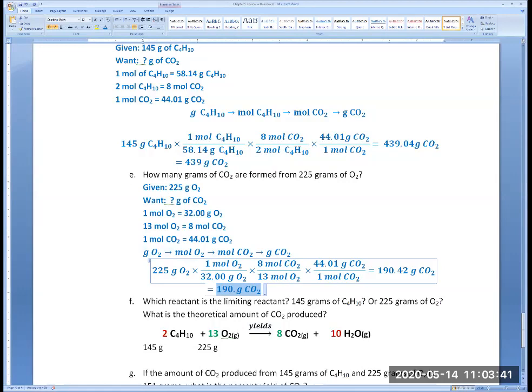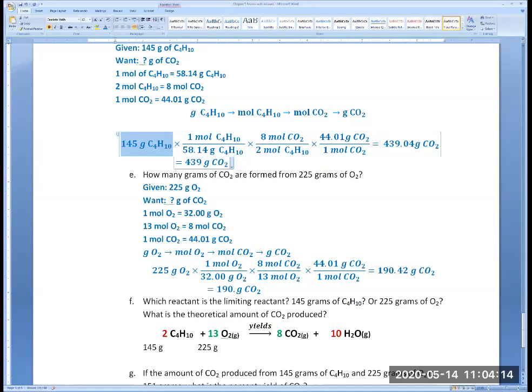Those are theoretical calculations. We take the proportions and we hope that they really can perform 100% and produce this amount of CO2. So you see that one amount versus the other, there's a big difference. From 225 grams of oxygen, you can produce only 190 grams of CO2 versus 430 grams of CO2 from 145 grams of C4H10.